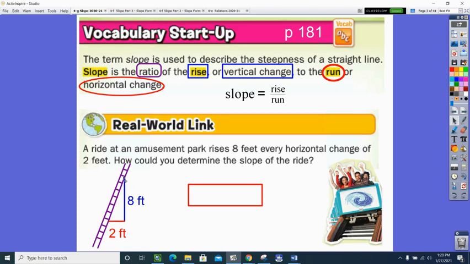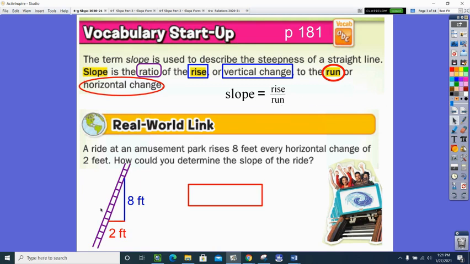How much do you go up? How much does your vertical rise change compared to how much do you go kind of left to right, or what's called a run? So it's a ratio of rise, which is going up, vertical, think of the y-axis, to your horizontal change, which would be your run, that would be like your x-axis.